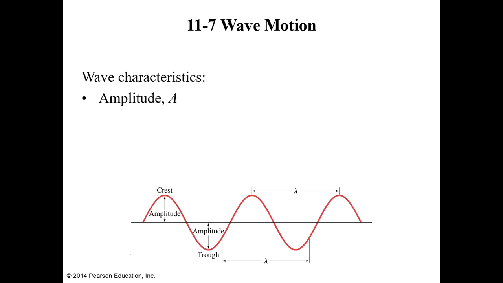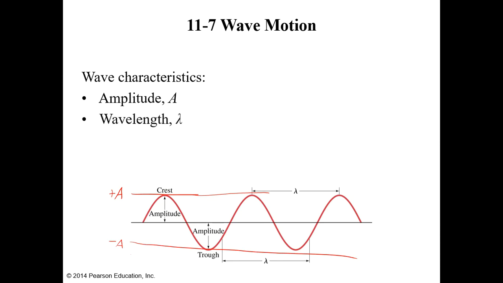Now, sometimes you have a maximum positive displacement. So here this would be positive A. And when you do have that maximum positive displacement, we call that a crest. But then being a wave, it oscillates, goes back, and it dips back down to a maximum negative displacement, or negative A. We call those troughs.